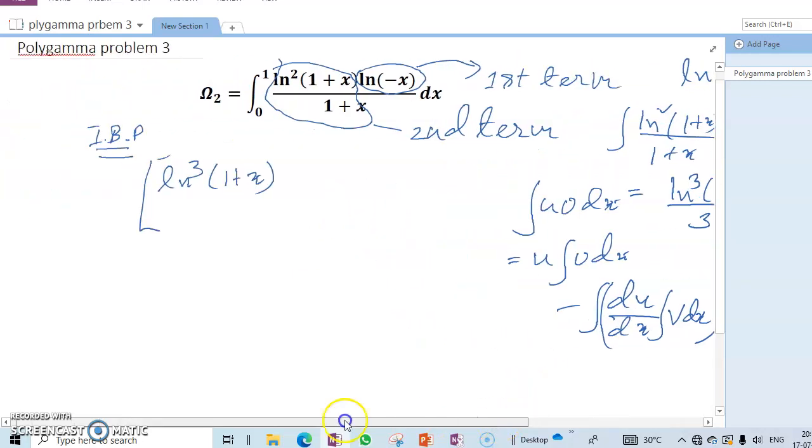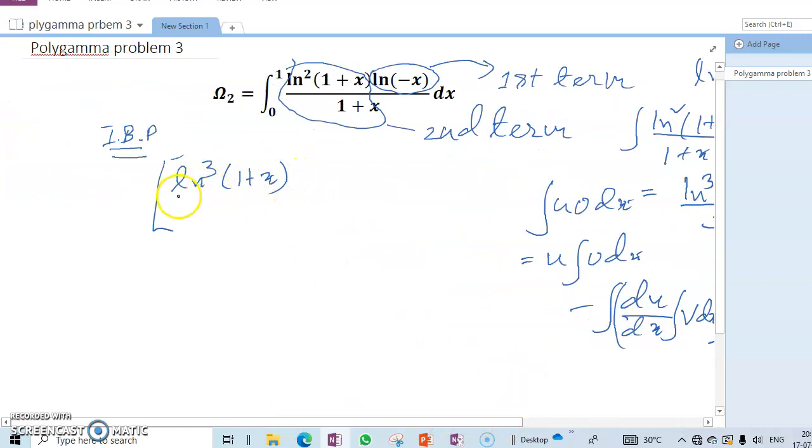So friends, ln cube(1 plus x) divided by 3 and ln(minus x). Because ln(minus x) is the first term, I just keep it as the first term and put in the limits 0 to 1.